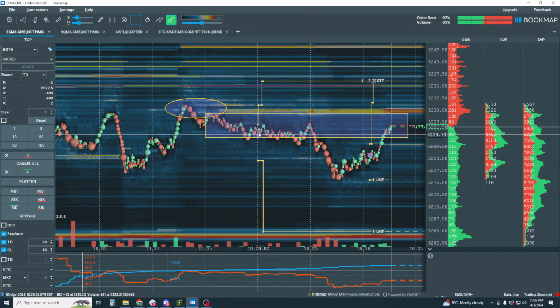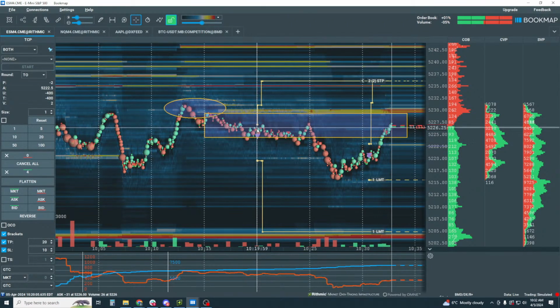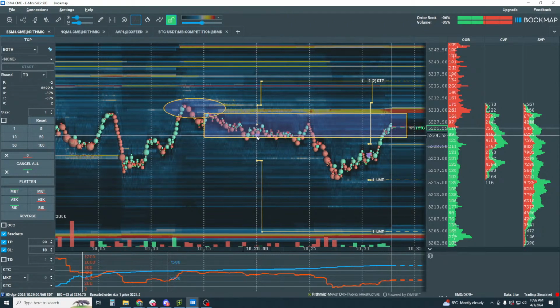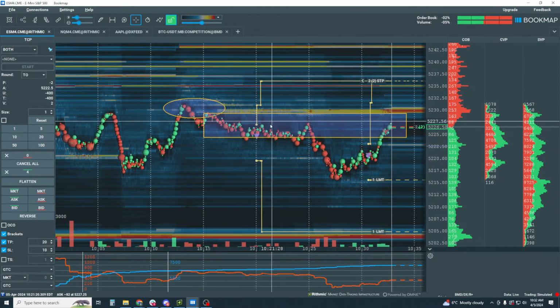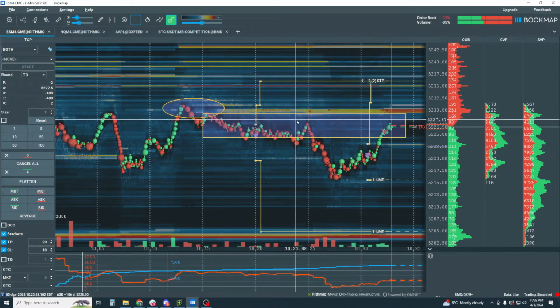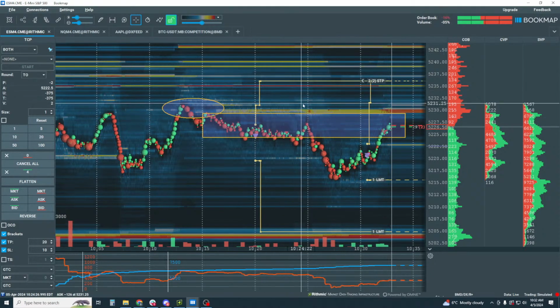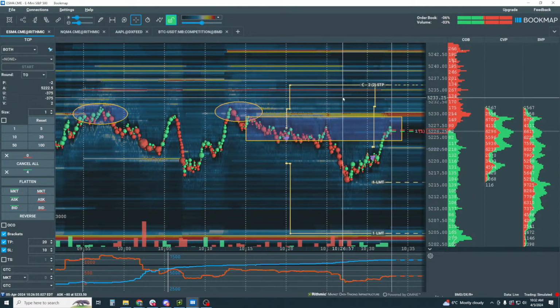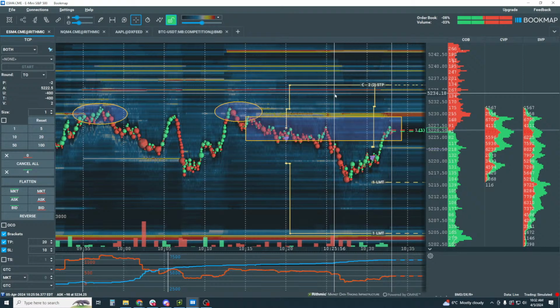Okay, now one of the things that's very dangerous to do about averaging into your position is that you're adding to a loser. Okay, now you have to have criteria here for your trade management. This is essential, right?